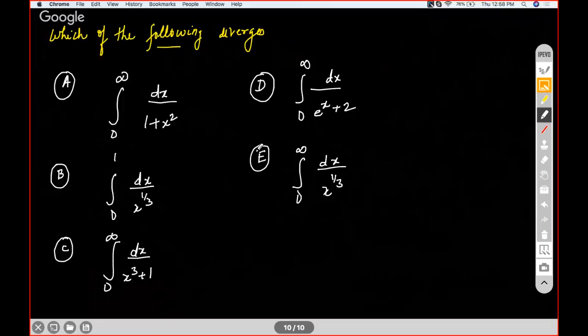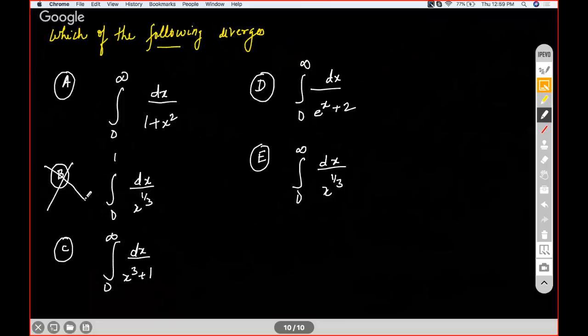Which of the following diverges? I think in most of the cases you can apply the comparison test. So it's not A, B, or C. I'm pretty sure it's B. This cannot be there definitely.